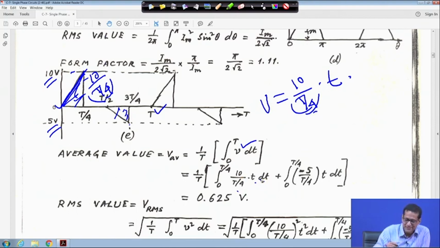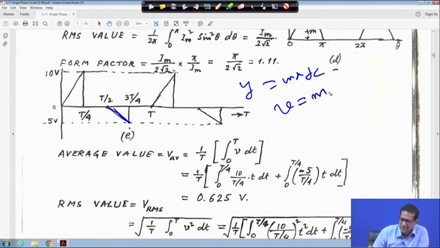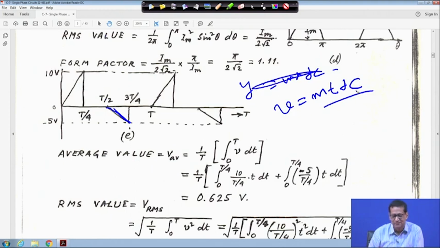Now next one, from your intuition you have to make it. Now this portion, if you try to find the equation of the straight line, you have to make it y equal to mx plus c, or v equal to slope m into t plus c, right? So this way you have to get the equation. But remember, from the symmetry our interest is to get the area, right?